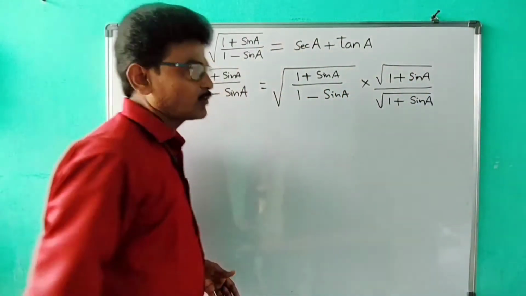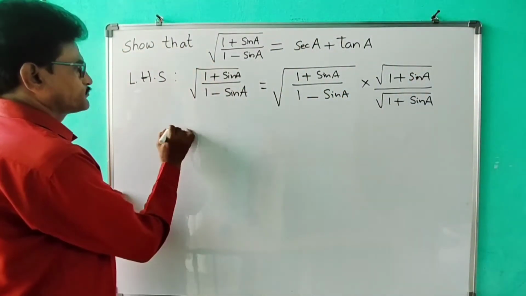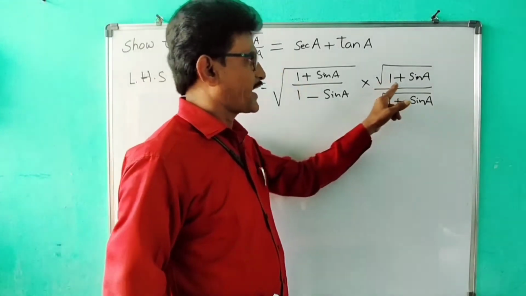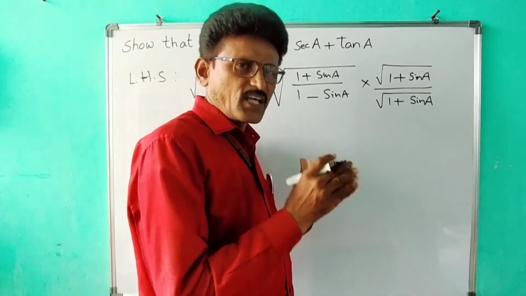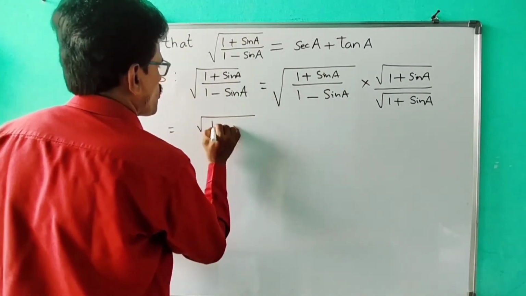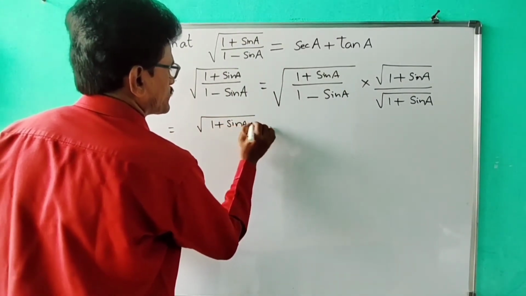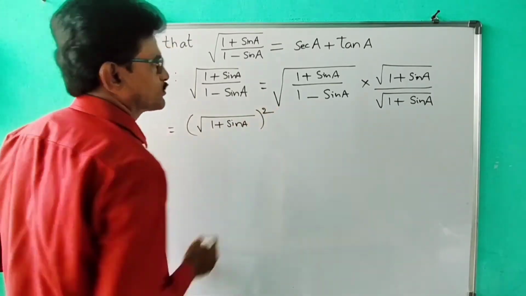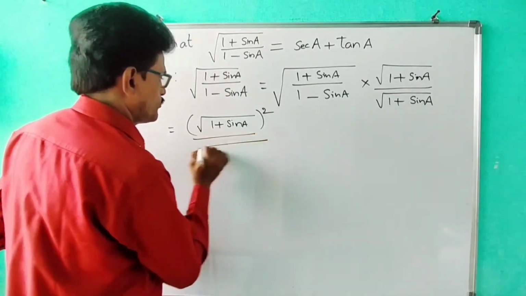Now see here: root of 1 plus sin a times root of 1 plus sin a is the whole square of root of 1 plus sin a, like a plus b into a plus b. What about the denominator?